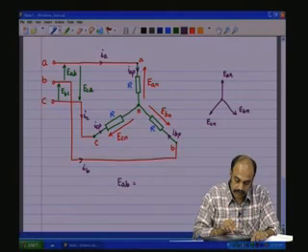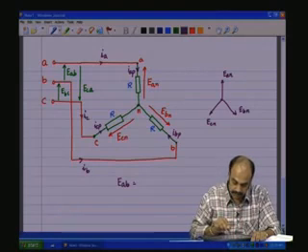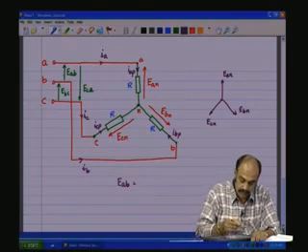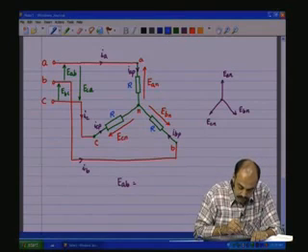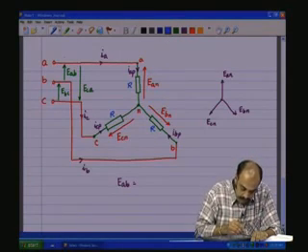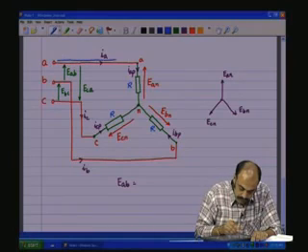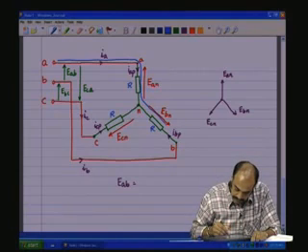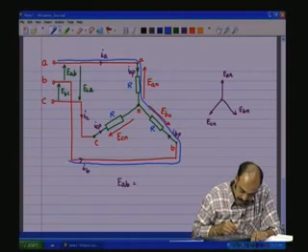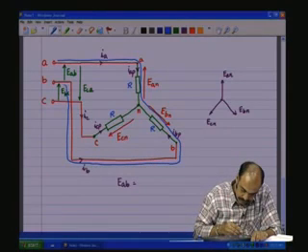Now, look at this portion of the circuit between A phase and the B phase, isn't it? So, let me draw this in blue. Look at this portion of the circuit. We shall apply the Kirchhoff's voltage law for this portion of the circuit.